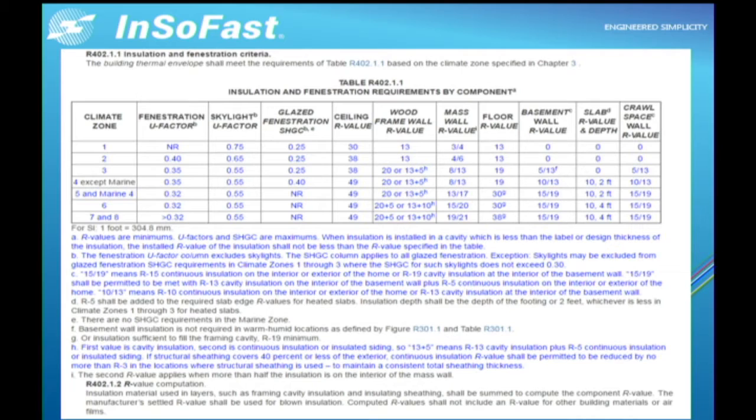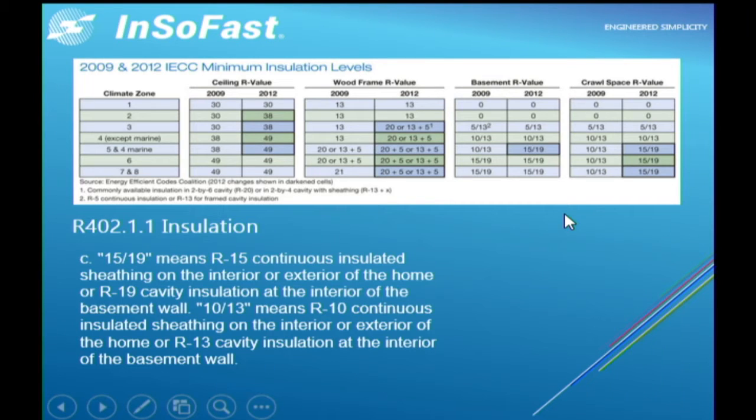As you can see on the left-hand side, all the different climate zones, and if you look at the chart, there's all different kinds of insulation requirements. If you look right here, the basement R value, this is what we're going to be discussing today. Now, if we zoom in on it, some of these little number ones and stuff like that give you a sense of what they're trying to say.